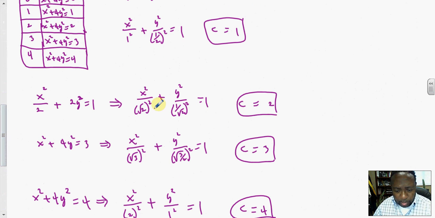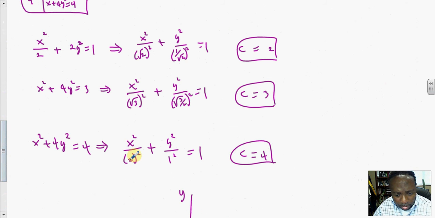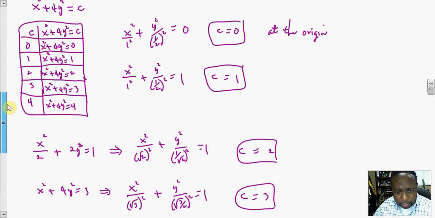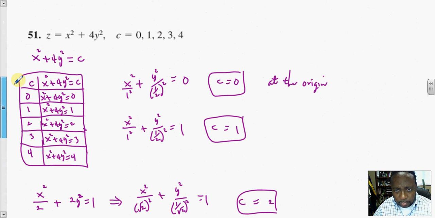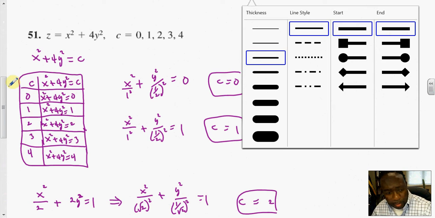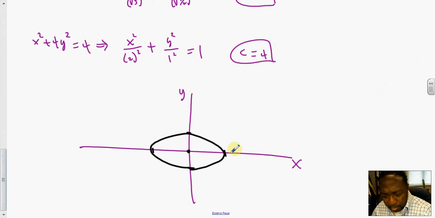Then the next one is a little bit more refined than that outwardly, and the next one is a little bit more refined than that, where the x is approaching the 2 and the y is approaching 1. I guess that color is okay.